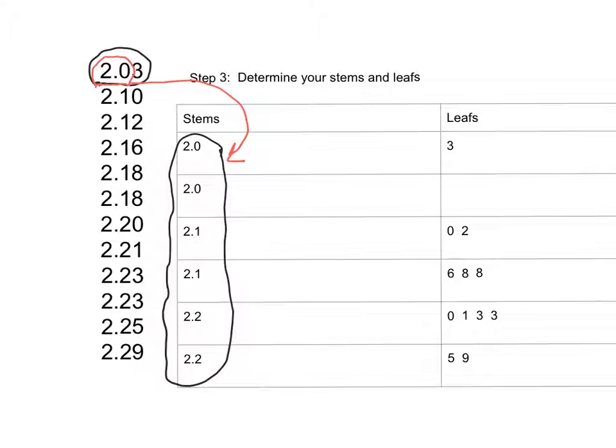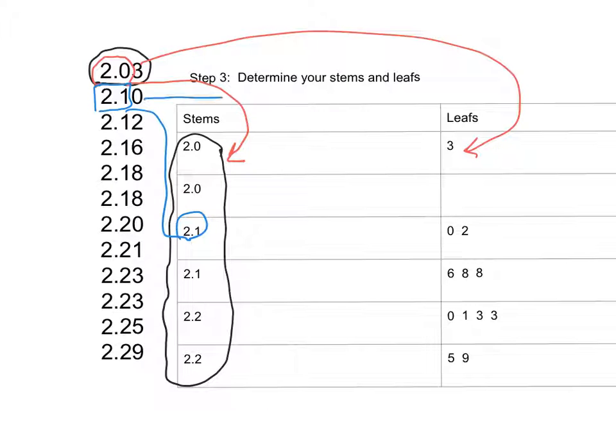Then my next number here, the 3, that's my number in the hundredth spot, that is going in my leaf. And so then I didn't have any more numbers that were 2.0 something, so then my next number here is 2.10, so my stem here is 2.1, so that's this stem right here, and then 0 is my first leaf right here.